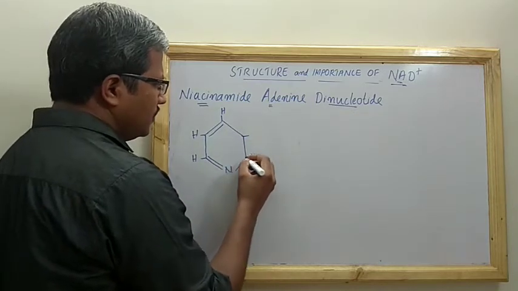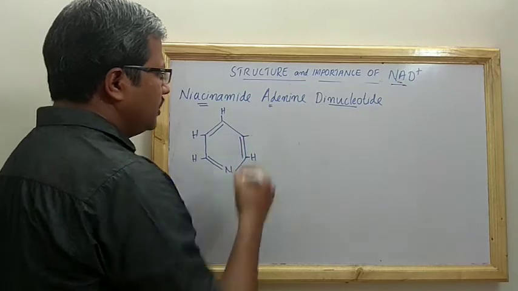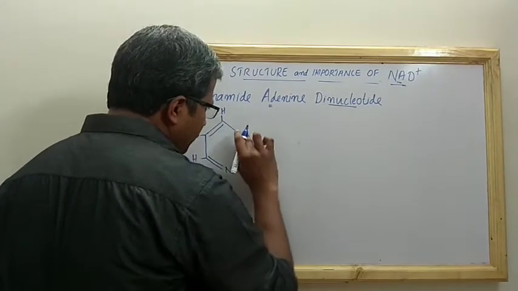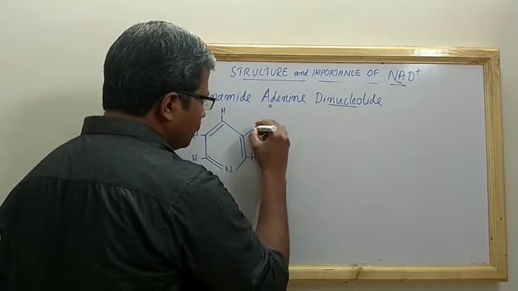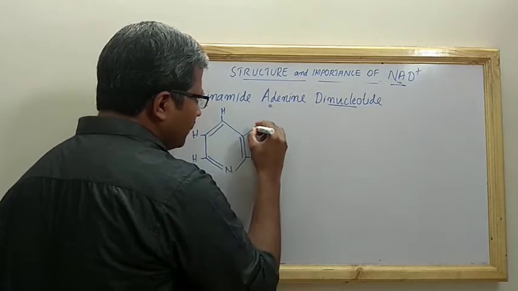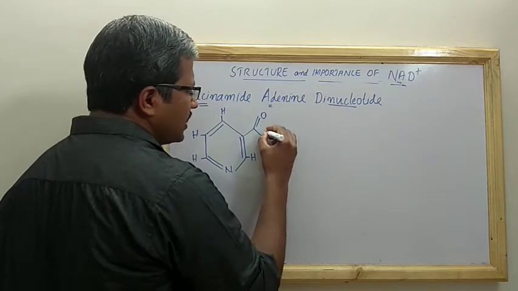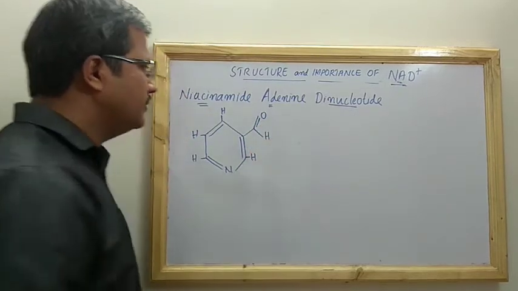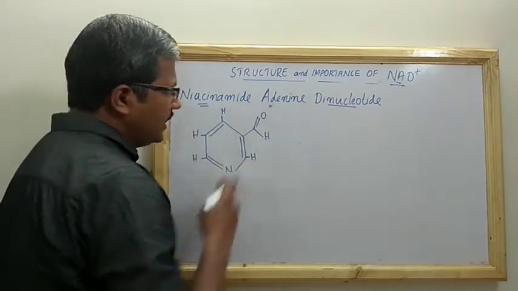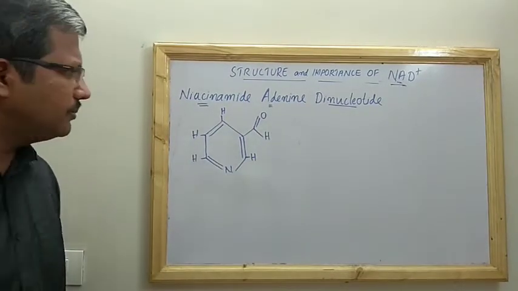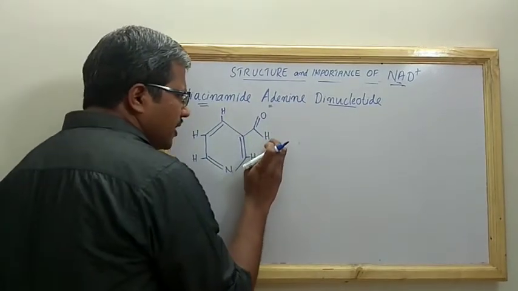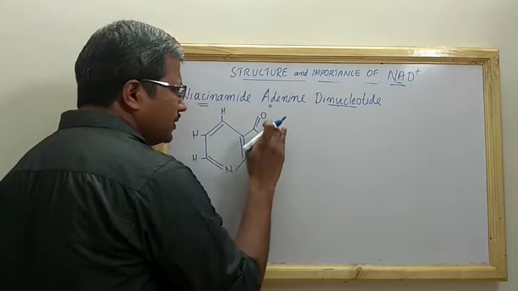H. 1, 2. So this particular thing will be having a structure where this carbon is having double bond with oxygen and then a hydrogen will be here. To replace that particular hydrogen, the niacinamide will be having an amino group at this particular point.